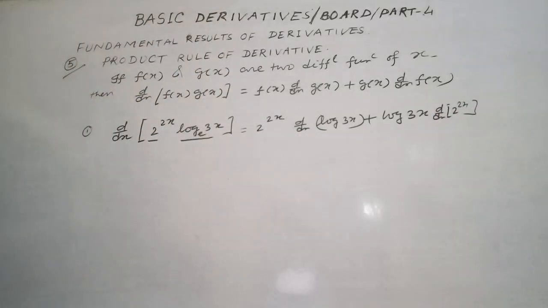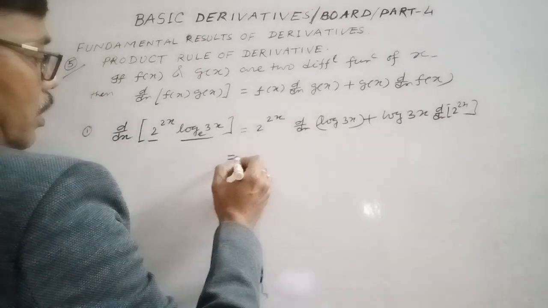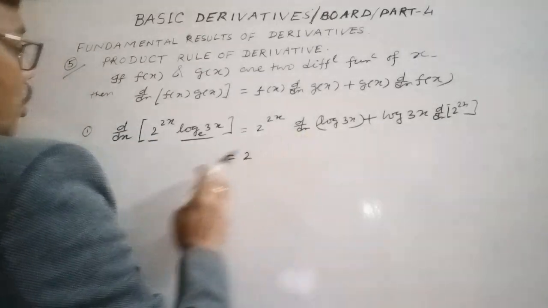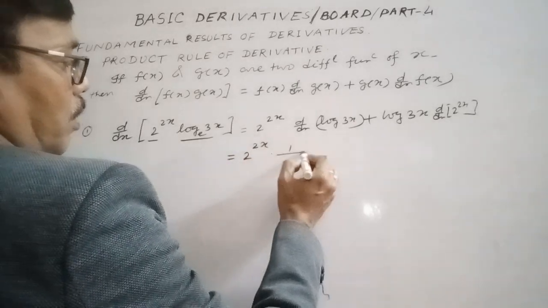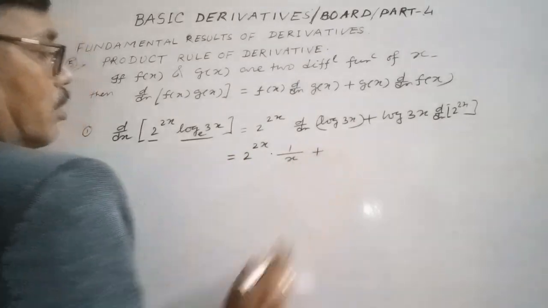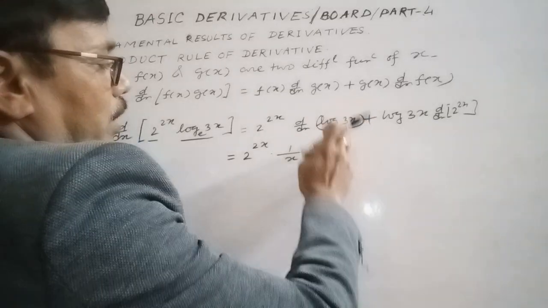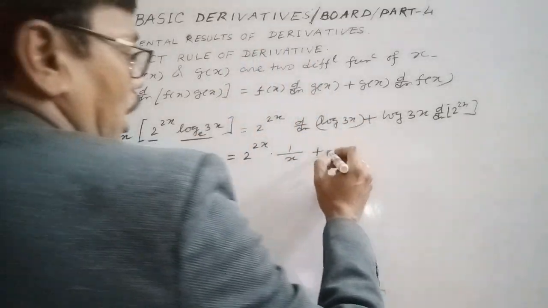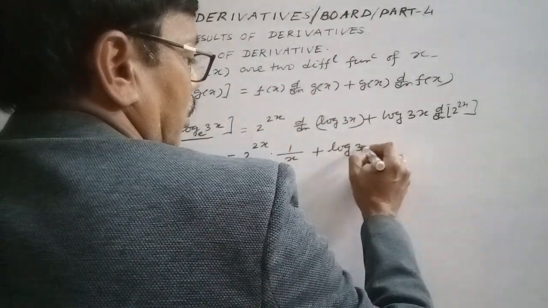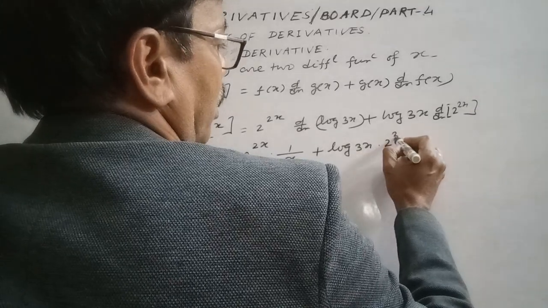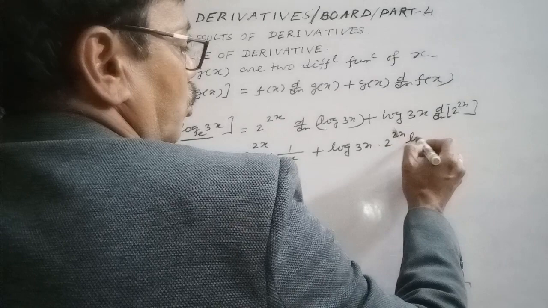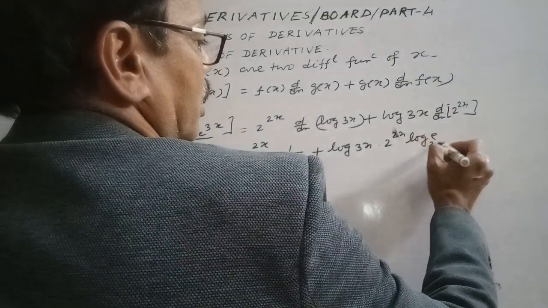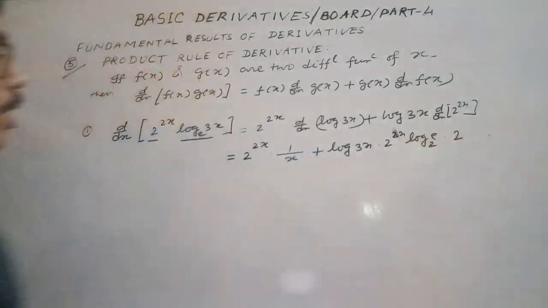Now use your fundamental results. So 2 to the power 2x, derivative of log 3x is 1 by x. You can write it directly, 1 by 3x into 3, and log 3x, this is 2 to the power 2x into log 2, obviously base is e, into coefficient of x.